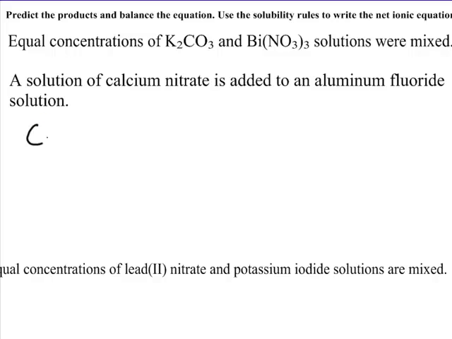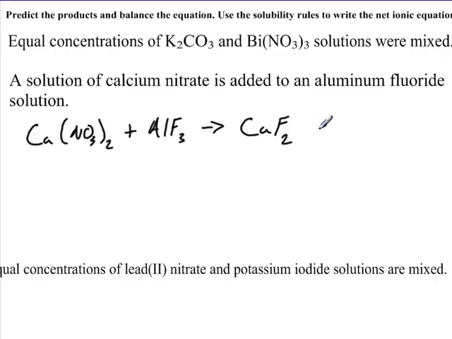Okay, I've got CaNO3 plus aluminum fluoride, AlF3. It's a double replacement, so I'm just going to switch the ions. Calcium is going to combine with fluorine, CaF2, plus AlNO3, 3.